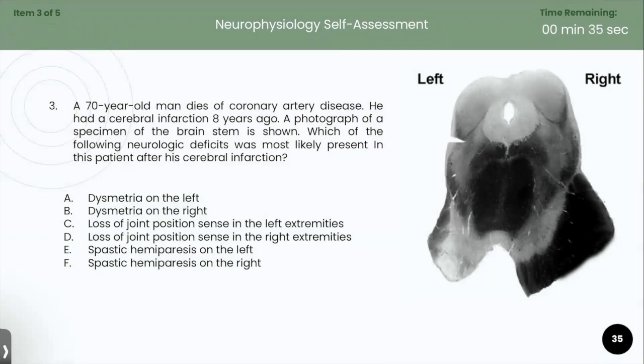He had a cerebral infarction 8 years ago. The photograph of the brainstem is shown. Which of the following neurologic deficits was most likely present in the patient after his cerebral infarction?